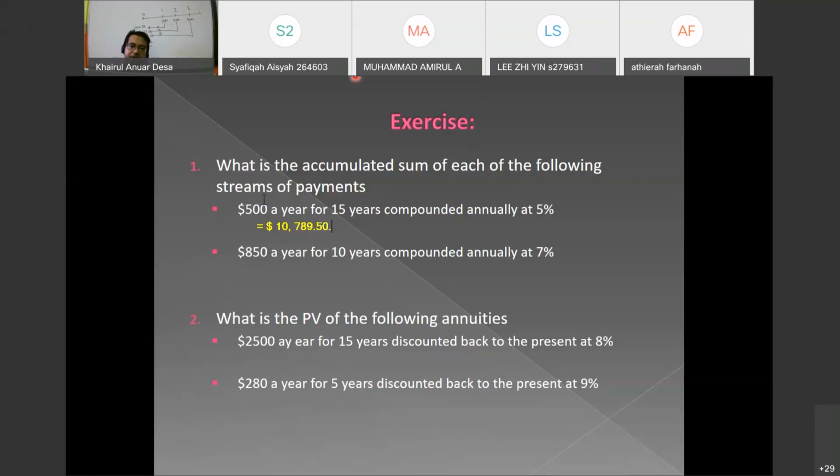Okay, how about the second one? $850 a year for 10 years compounded annually at 7%.